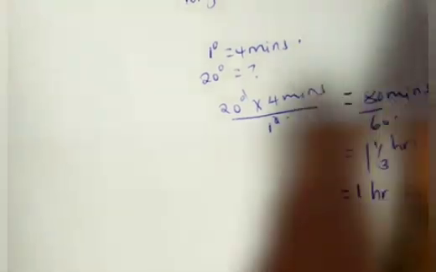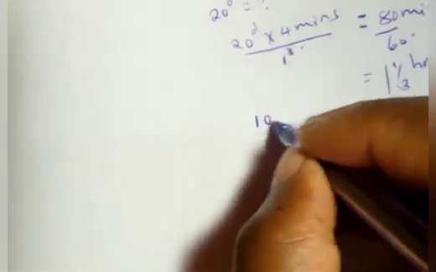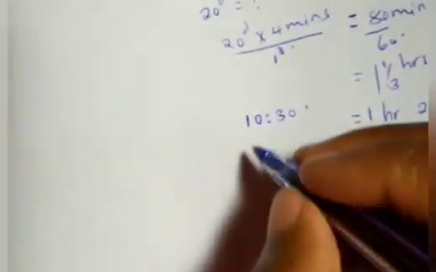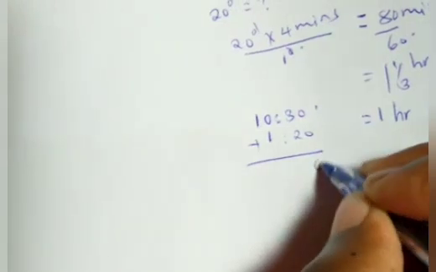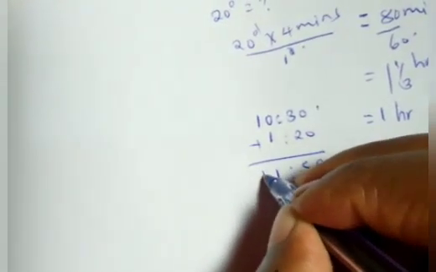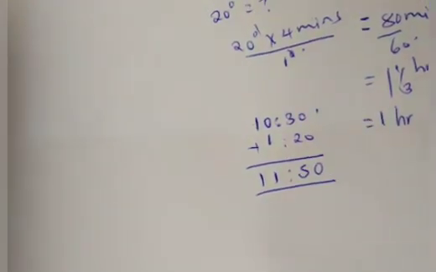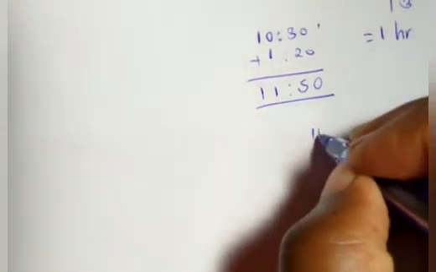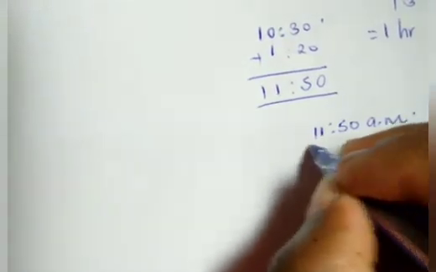We are supposed to add 1 hour 20 minutes to 10:30 a.m. So we'll have 10:30 plus 1 hour 20 minutes. This is 1150. So at 45 degrees west, the time is 11:50 a.m.